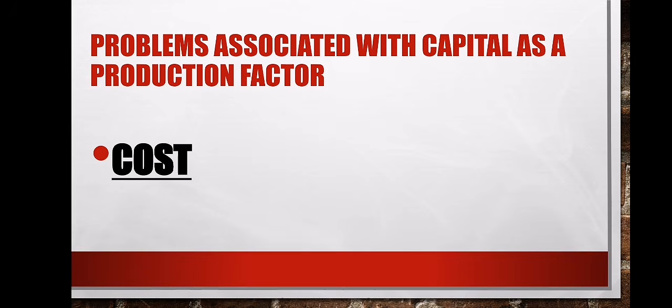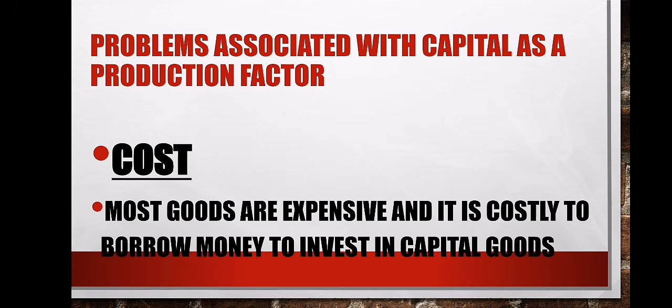Even borrowing, renting those machinery is not an easy thing. So you'll find that a farmer may not be able to do his business that will give him a profit because he lacks certain equipment. So we say here, most goods are expensive and it is costly to borrow money to invest in capital goods. Hence we say it is costly.